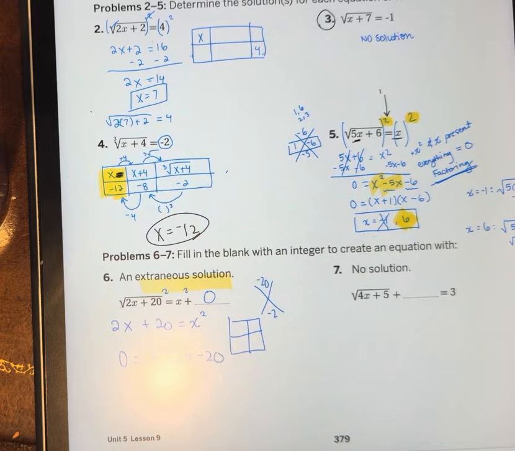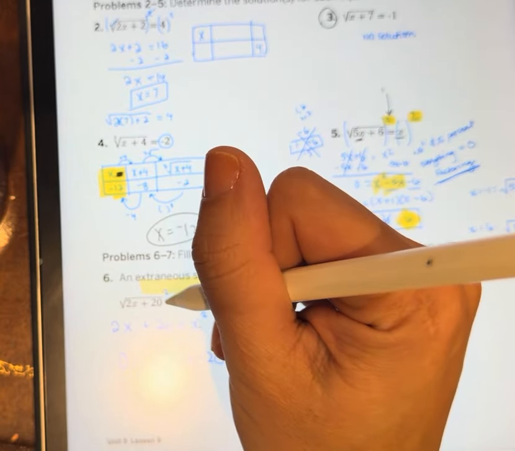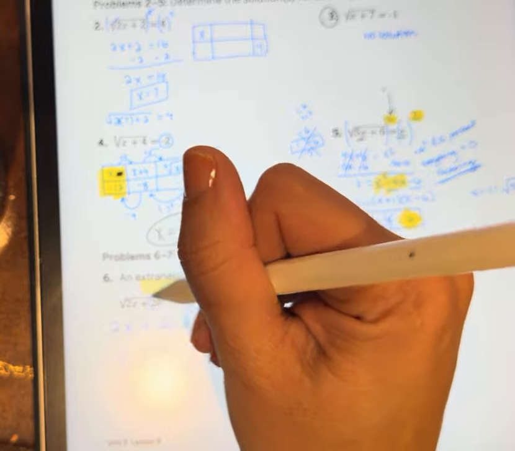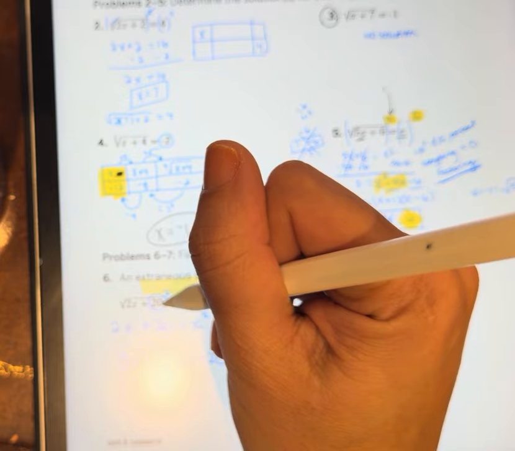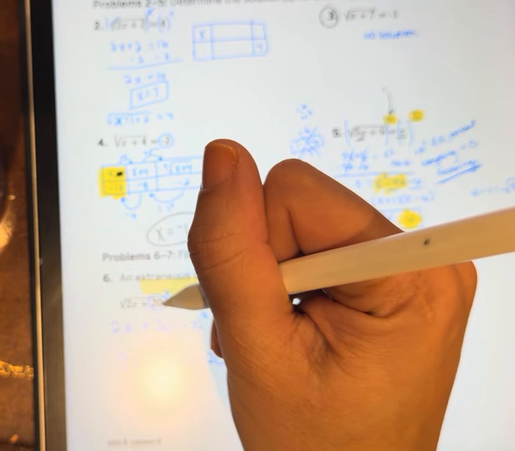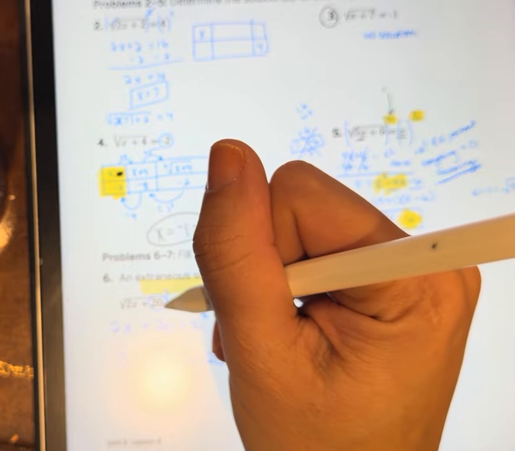I'm debating what to do here. If x was... Okay, so see how that's 20? I'm thinking the next pretty perfect square after 20 is 25, but that's an odd number.